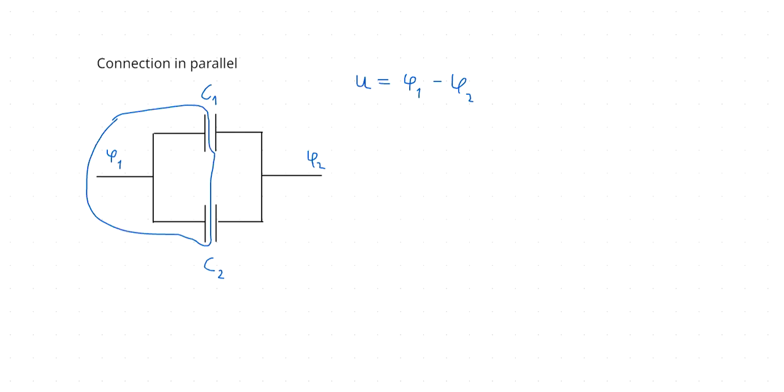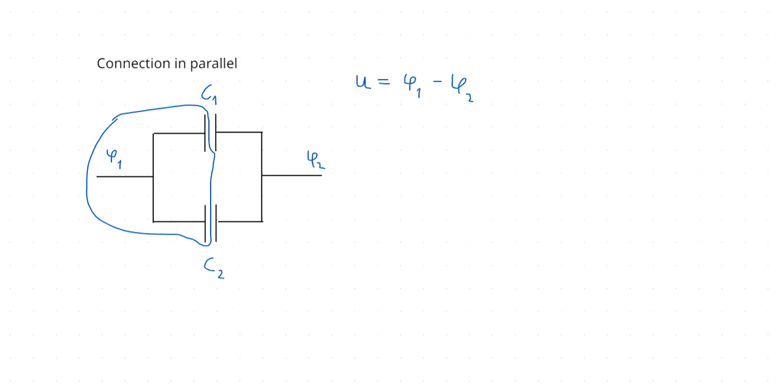As we can remember from electrostatics, the potential is the same in every point of this surface.